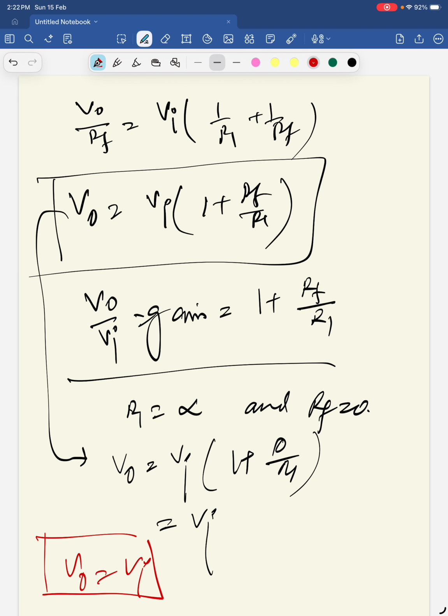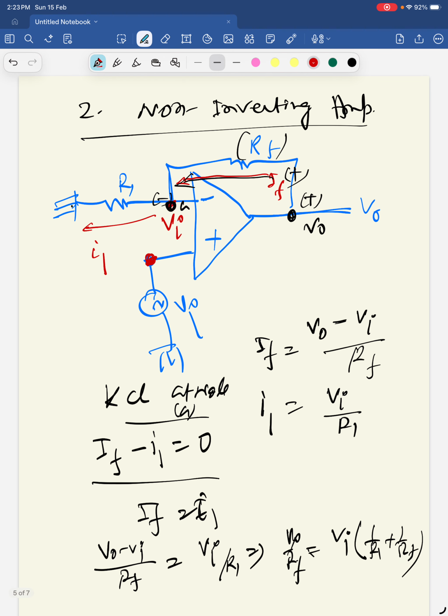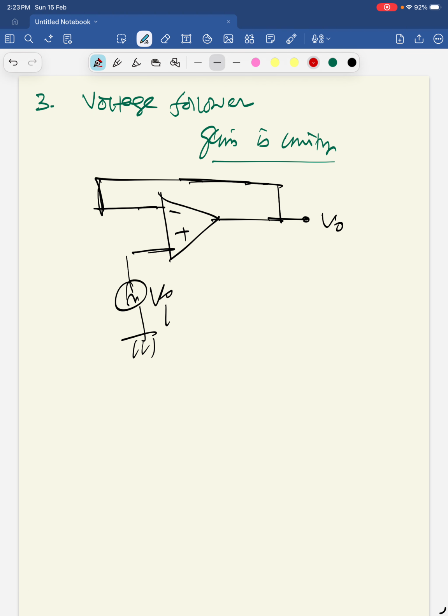So whatever the output is, that is nothing but the input. So in a buffer circuit or emitter follower circuit, the output voltage is equal to the input voltage, but the gain is unity. So this is our voltage follower circuit.